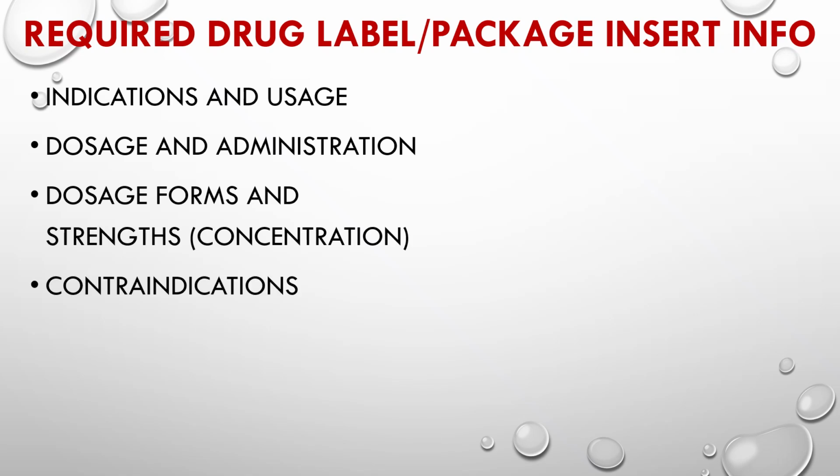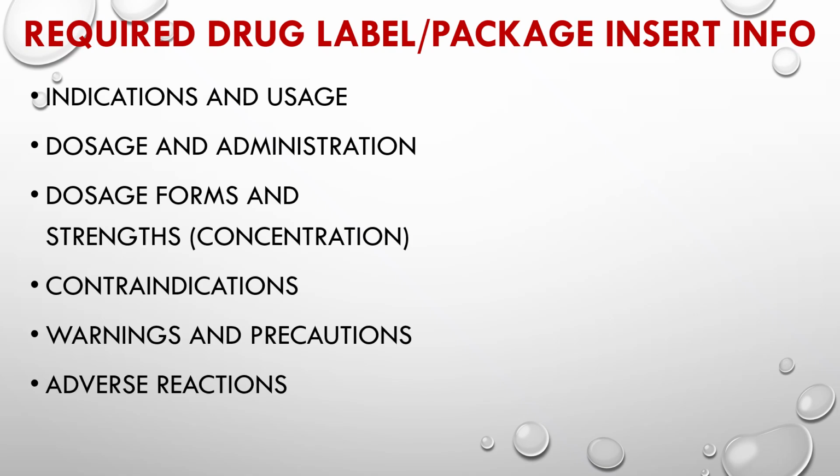Contraindications, again, reasons why the drug should not be given, like pregnancy or heart conditions. Warnings and precautions, any adverse reactions, again, those are the very harmful kind of side effects. Any drug interactions, if it's known to be antagonistic or agonistic with another, when taken with another drug.